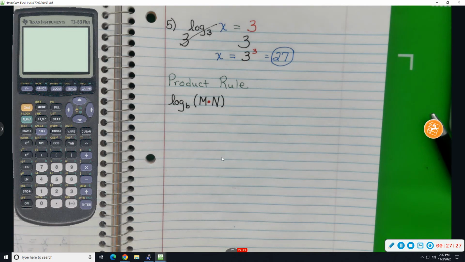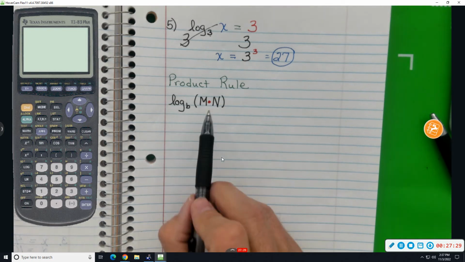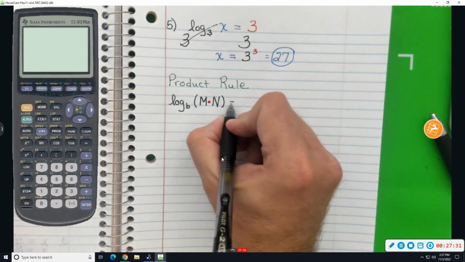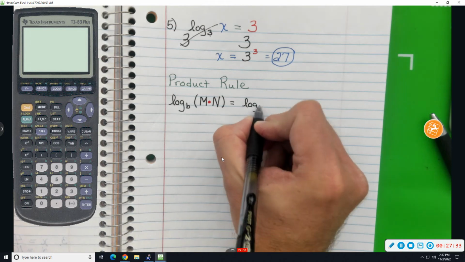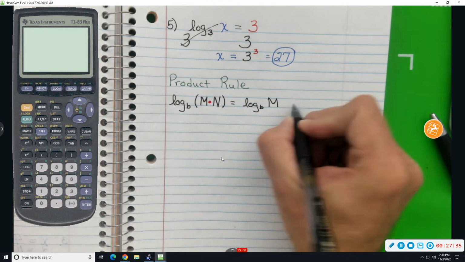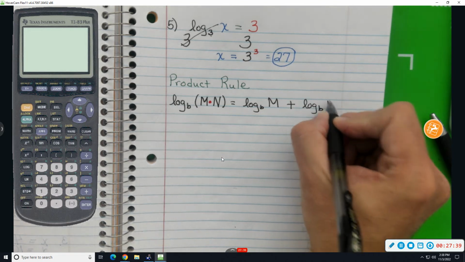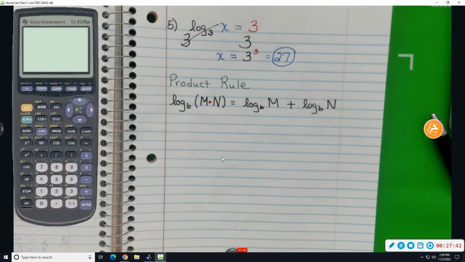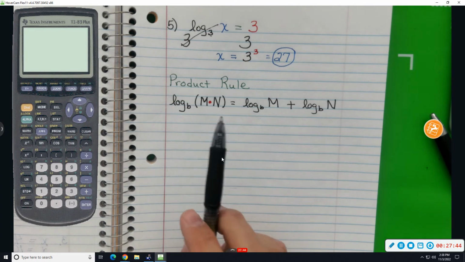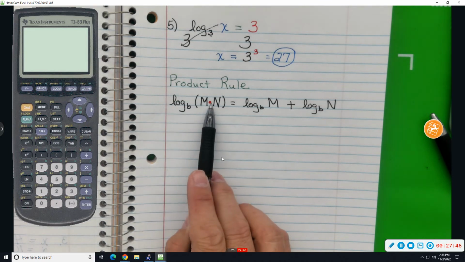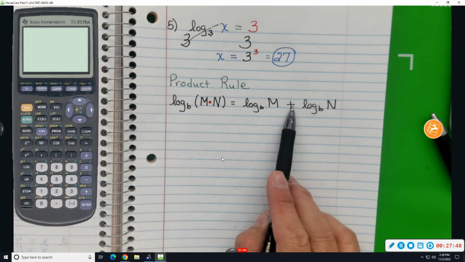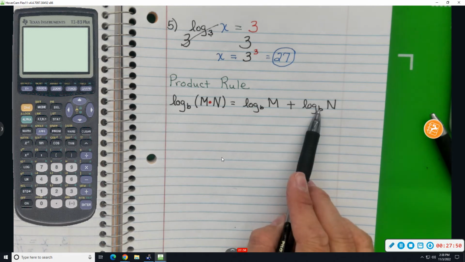Log base b of m times n can be rewritten log base b of m plus log base b of n. Formally, we could say the log of a product is the sum of the 2 logarithms.